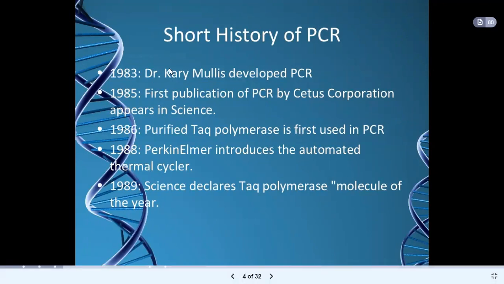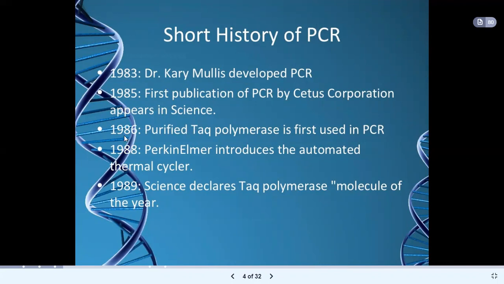In 1983, Dr. Carl Mullis developed the PCR technique in America. After that, using the same principle, the technique was developed again by the Cetus Corporation, a company, in 1985.